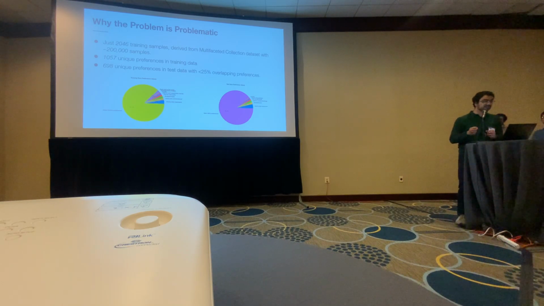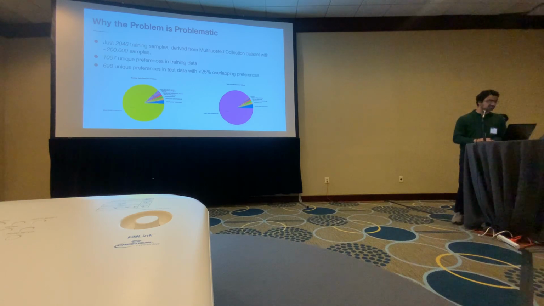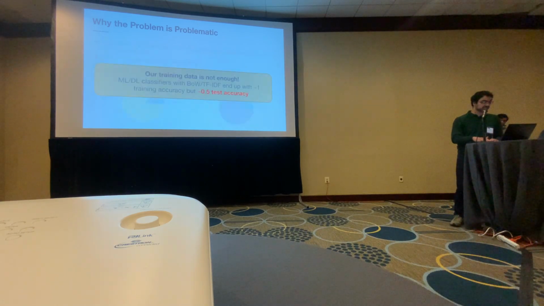In fact, the preferences are not even overlapping between training data and test data, and only less than 200 preferences are actually overlapping, and the most frequent preferences are less than 3% or 2%. For many cases we just get one preference example, making things complicated for us.